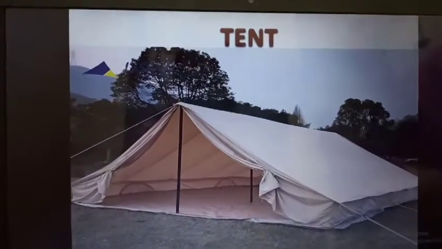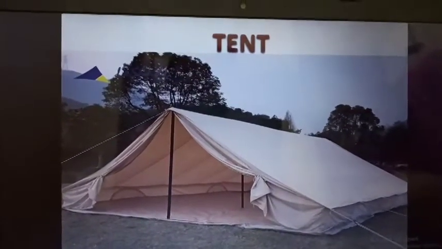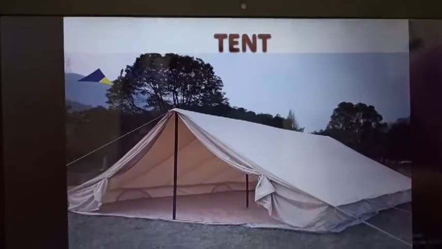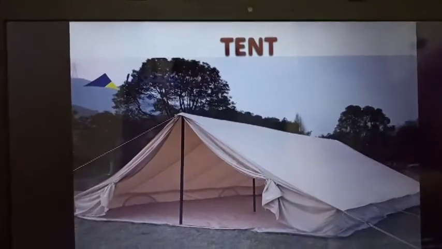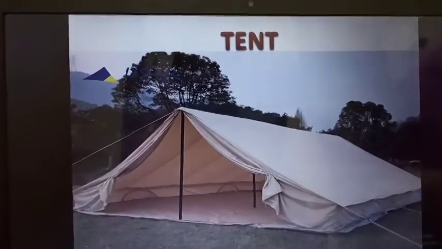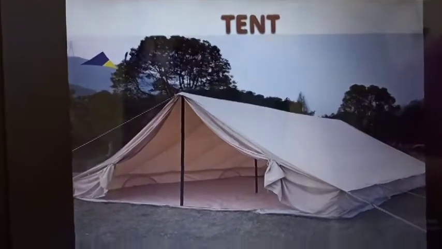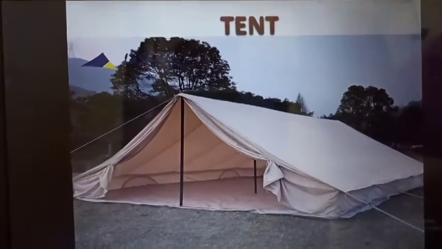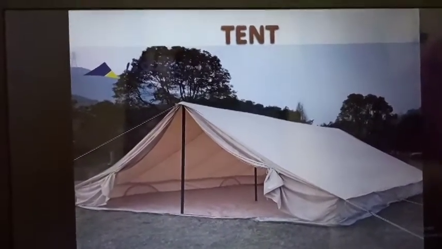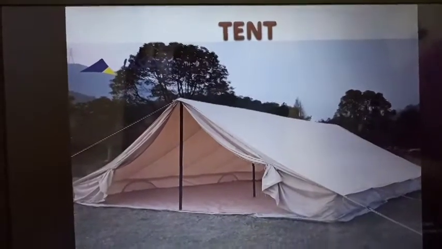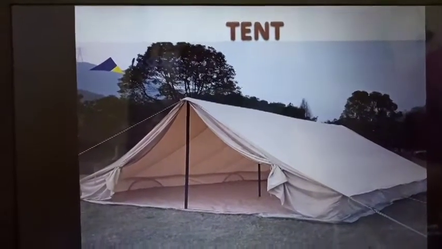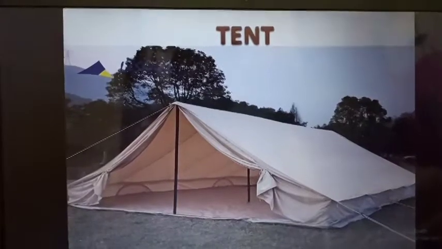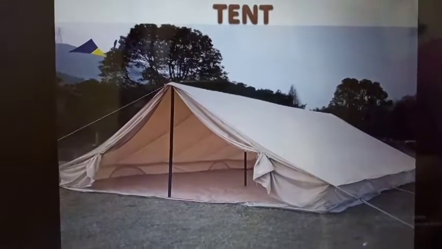It is a temporary kind of house. I just want to show you this picture so that you can understand easily, because these are natural and original pictures. In your book, original pictures are not given. This is an original picture of a tent.